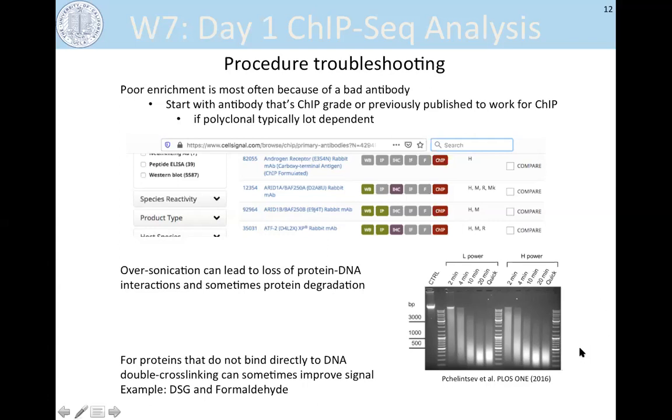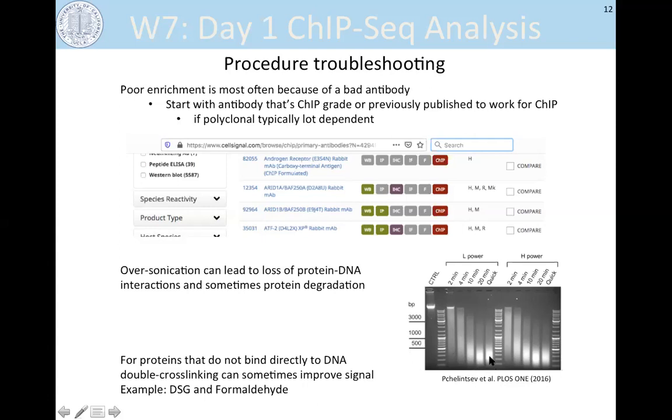Here, this is showing fragment distribution following different sonication protocols. You can see as you increase the time of sonication, you get smaller and smaller DNA fragments. I would stay clear of sonicating down to this level where you have pretty much all of your DNA below 500 base pairs.